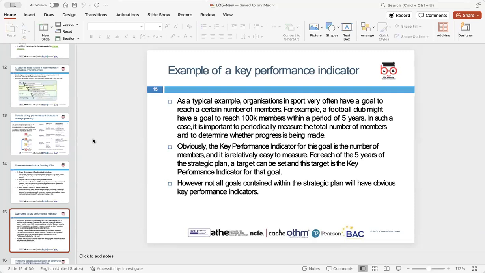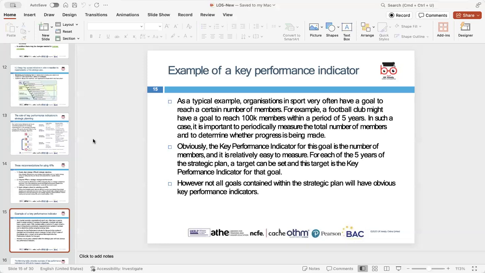In this context, the key performance indicator would be the number of members. As it is simple to measure, a target can be set for each year of the 5 year plan, with the number of members being the KPI for this goal.